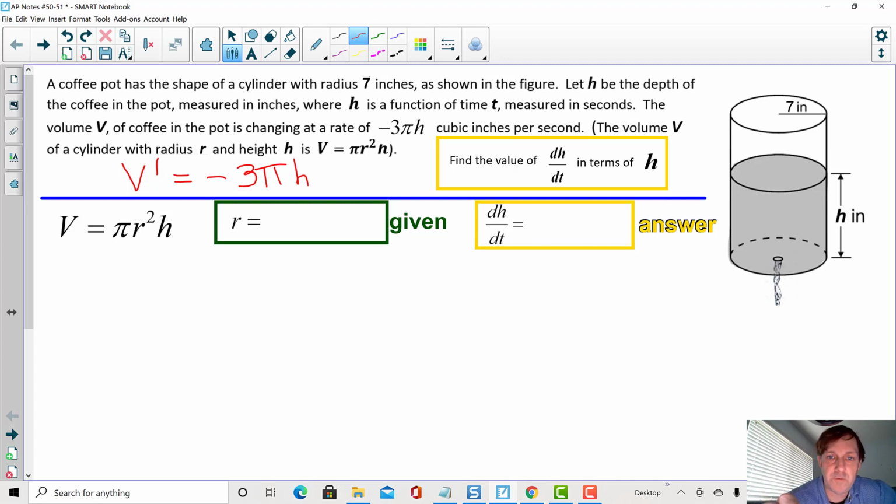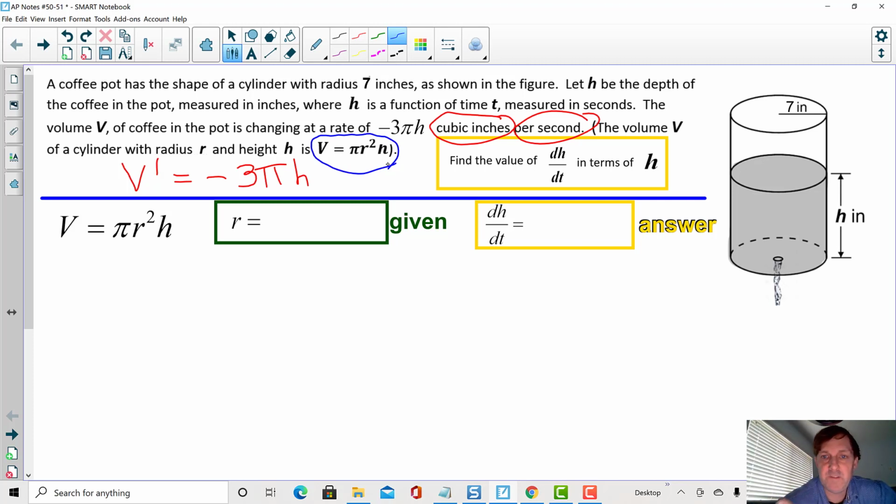Of course, it's volume, so it has to be cubic inches, and then the time is seconds, so it says per second. Now, most AP test questions will give you the volume. The only time they don't is maybe if it's a square or a circle or something super easy. But otherwise, they usually give you the volume formula because they want to test your calculus, not your geometry.